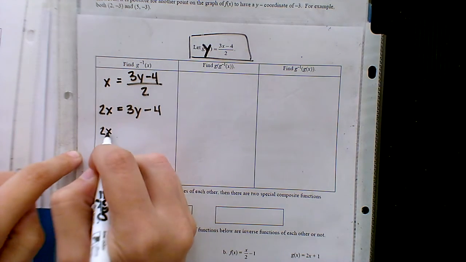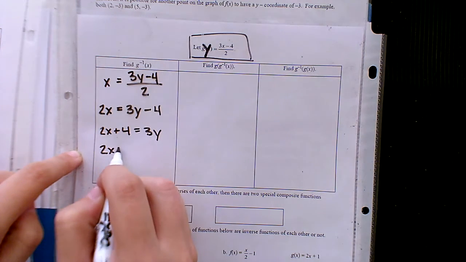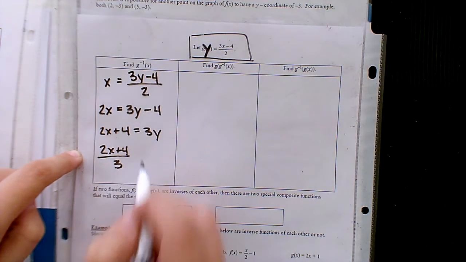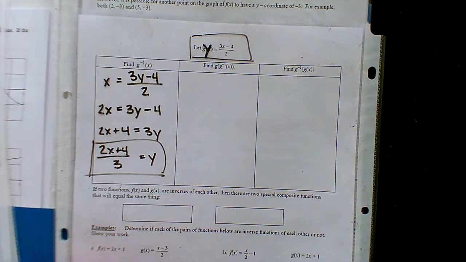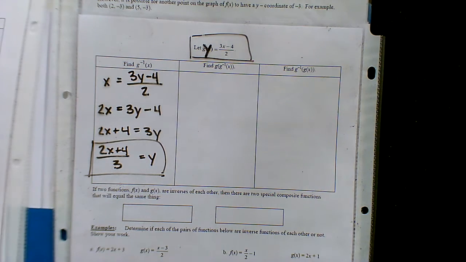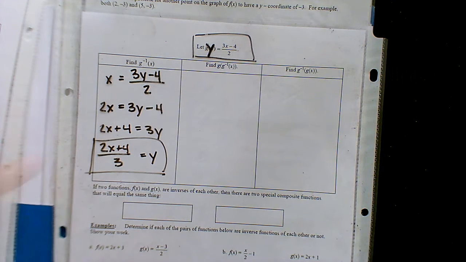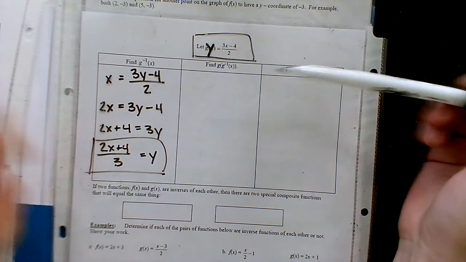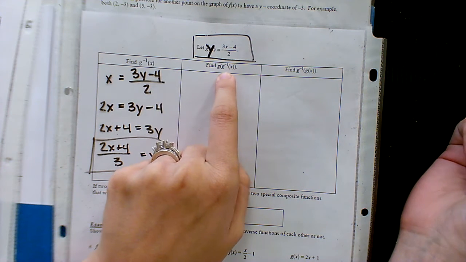And then we can add the 4 and divide by 3. All right, there's our inverse. So based off of that equation, we're going to try to fill in the other two columns.